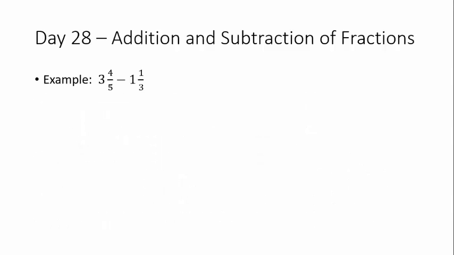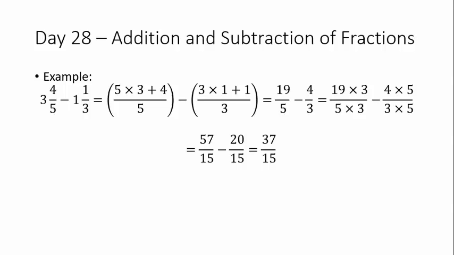Let's apply that property in our next example. We are subtracting mixed numbers here. 3 4/5 minus 1 1/3. The first thing we're going to do is rewrite each of the mixed numbers as a fraction.